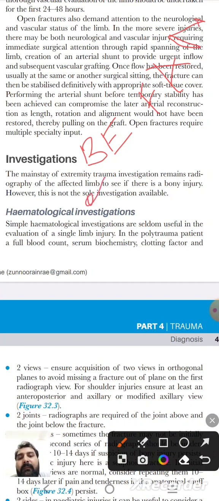First, B for bone, E for extensor tendons, F for flexor tendons, A for artery, N for nerve, V for veins, and S for skin. What is the order of repair? First bone, then extensor tendon, then flexor tendon, then artery, then nerve, then vein, and then skin. So this is the order of repair.